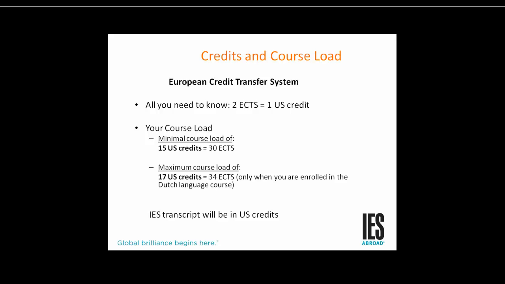And there's also a maximum course load of 17 US credits. That's for those students who are also enrolled in the Dutch language course that Chantal mentioned before. The transcript that you will receive from IES will be in US credits. Next, please.